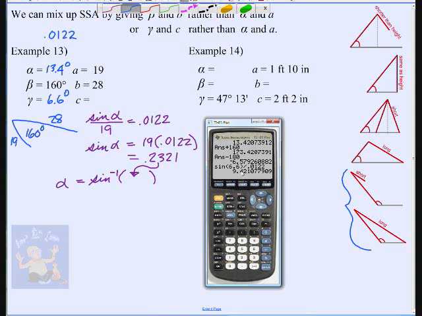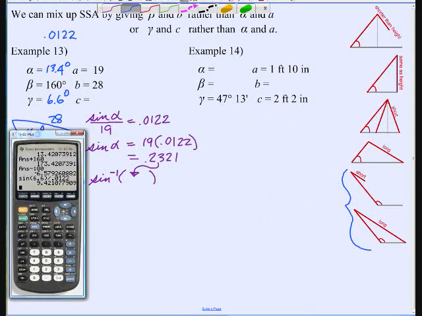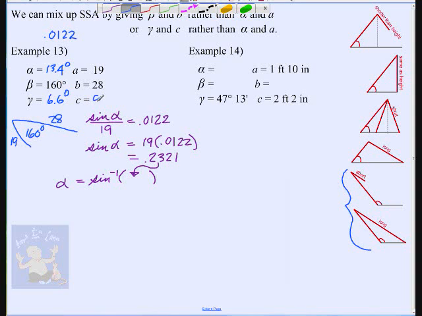It's 9.4. That's our length, 9.4. Now we're going to see if this makes sense to us. The largest angle has the longest side, the smallest angle has the shortest side. So it certainly makes sense to us.